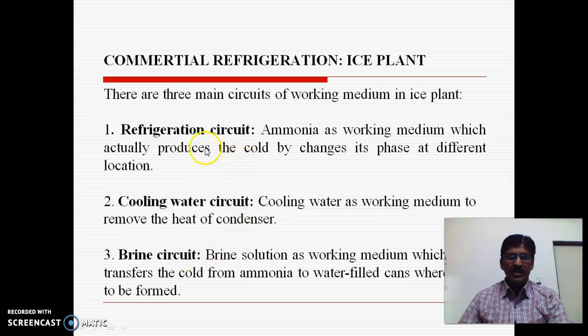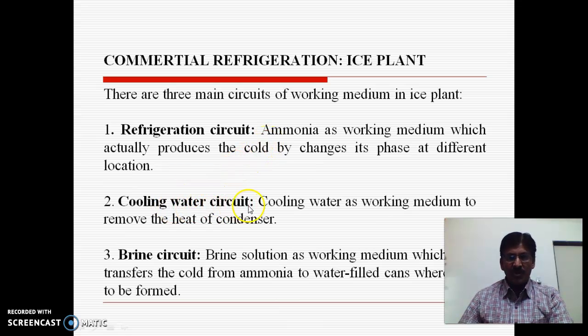In the refrigeration circuit, ammonia is the working medium which produces the cold by changing its phase at different locations. Many types of refrigerants are generally used, but ammonia is one of the economic refrigerants. That's why we generally use ammonia as a refrigerant in ice plants.